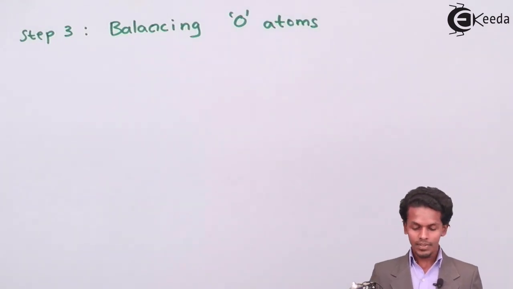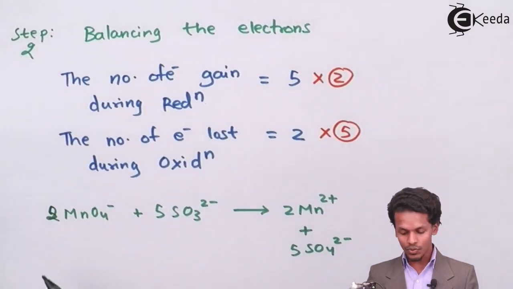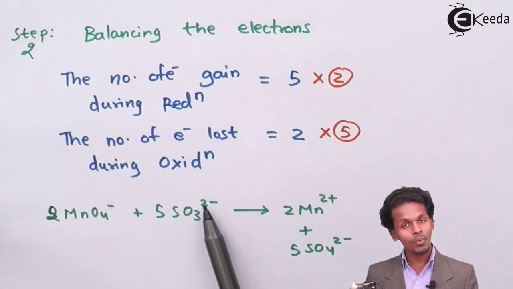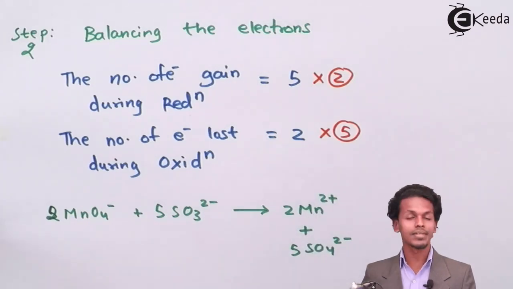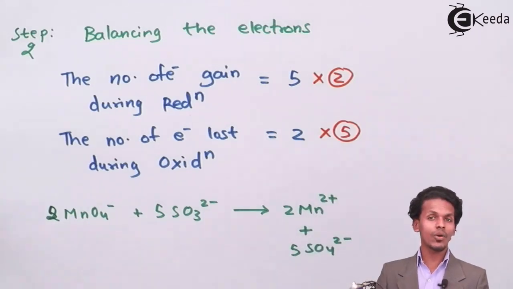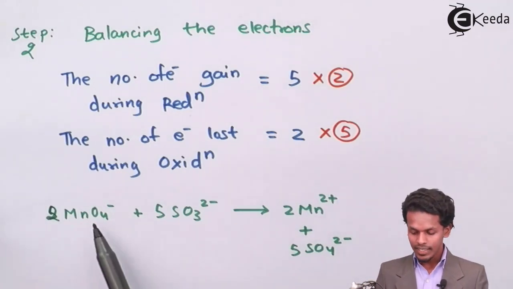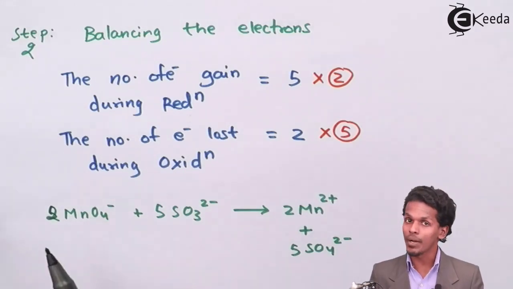So this was the recent equation that we have balanced, which was 2 times MnO4 minus plus 5 times SO3 2 minus. That should give us 2 times Mn2 plus and 5 moles of SO4 2 minus. If I calculate the number of oxygen atoms on the reactant side, there are 4 oxygen in MnO4.